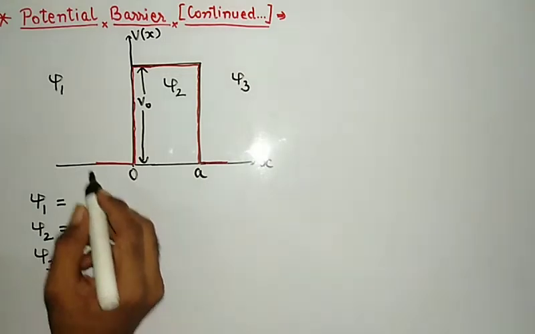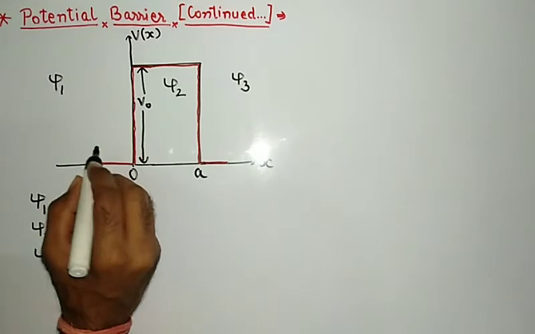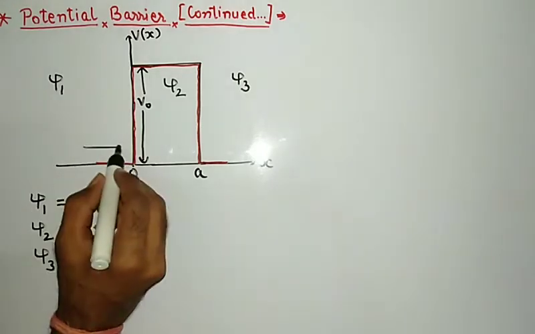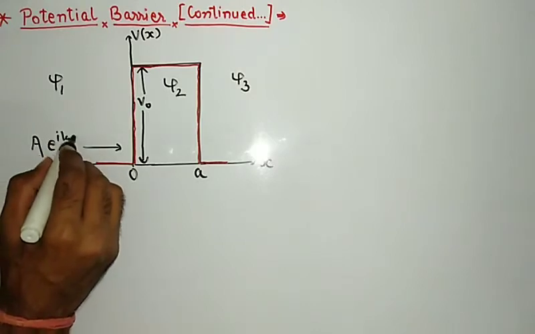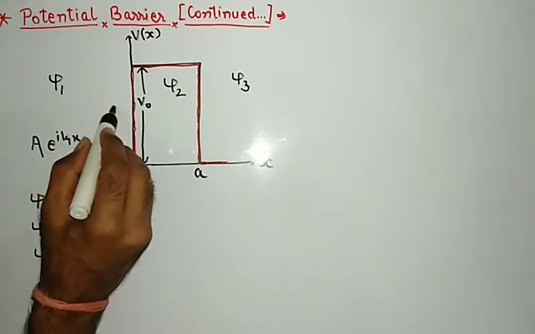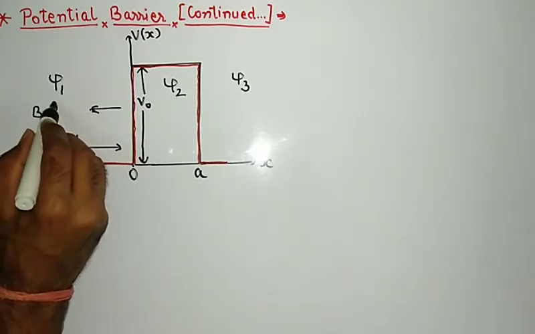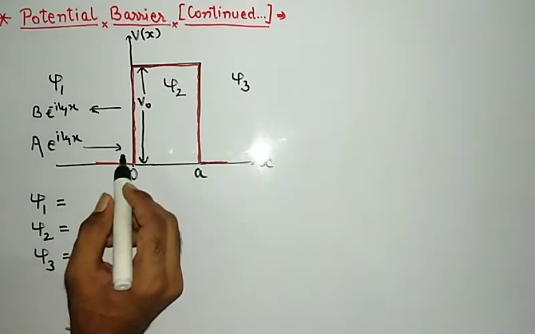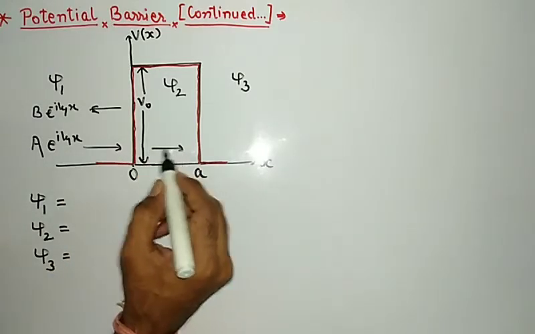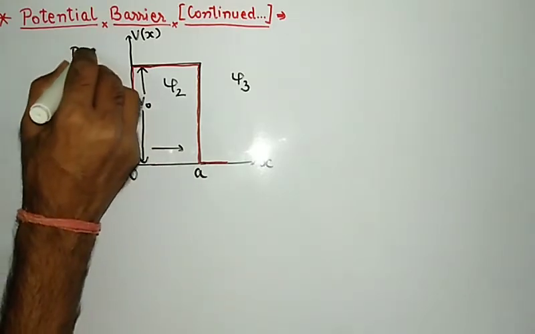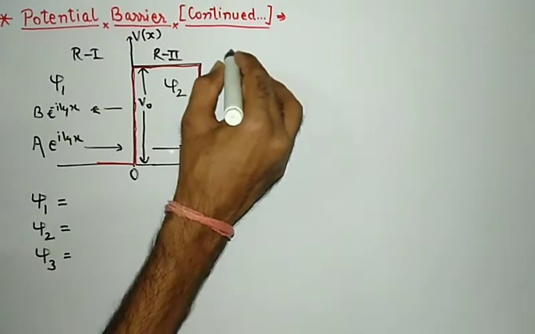For the incident wave we have taken A e to the power ik1x, and when it reflects, B e to the power minus ik1x, and when it transmits, region first, region second and region third.